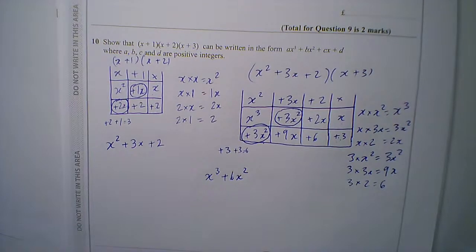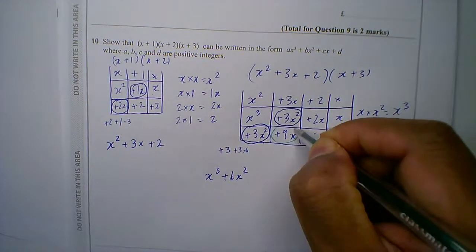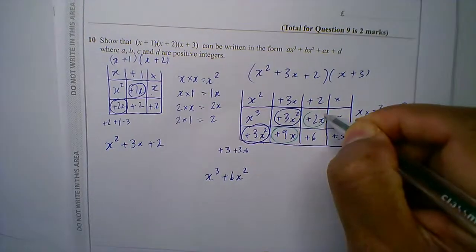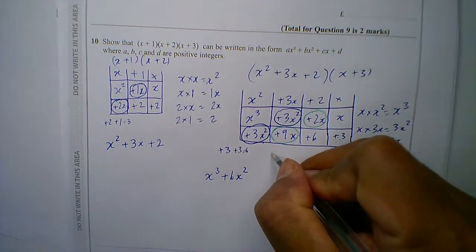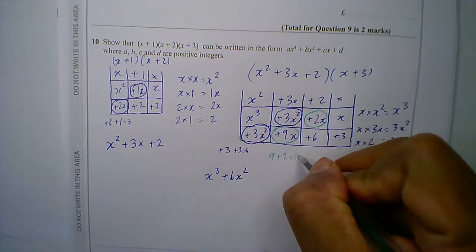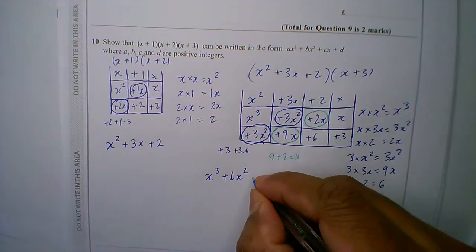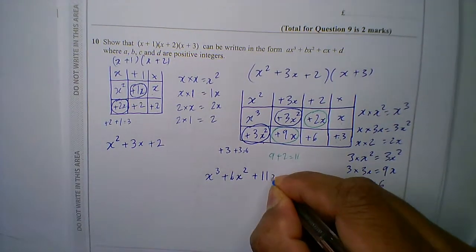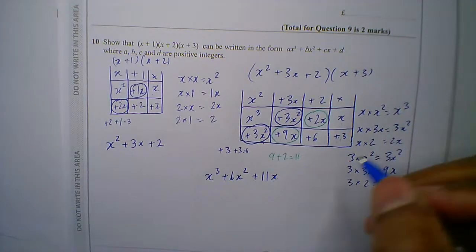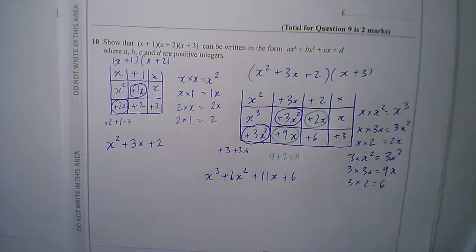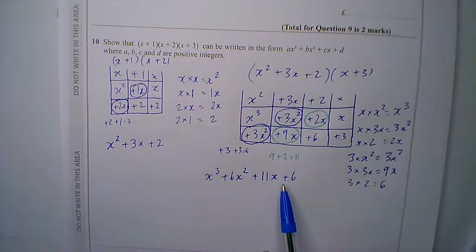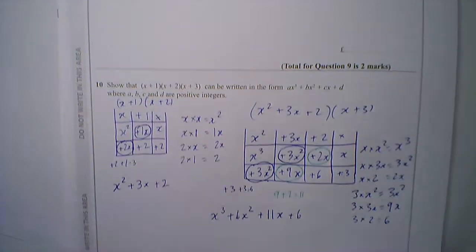Then I look at my next term, which is this plus 9x, and this plus 2x, so I can ignore the x for now. 9 plus 2 gives me 11, so I'm going to get 11x, and then I've got my 6 there, plus 6. So my final answer is x cubed plus 6x squared plus 11x plus 6. So hopefully you got the same answer. Well done if you have. Let's go to the next thing.